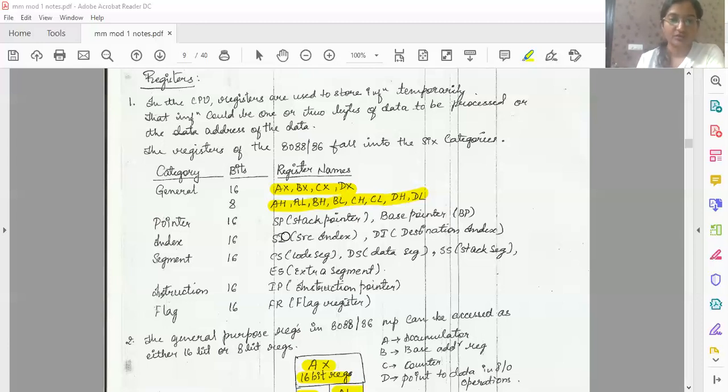The starting address of the code segment is held in the code segment register, which is 16-bit in size. The starting address of the data segment is held in the data segment register. The starting address of the stack segment is held in the stack segment register. Similarly in case of the extra segment.